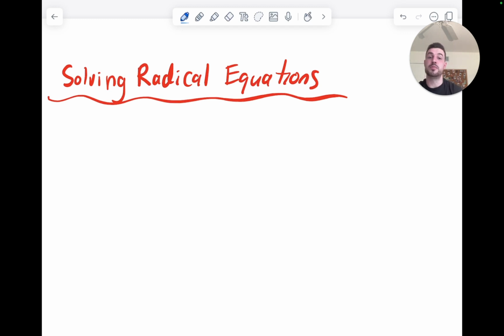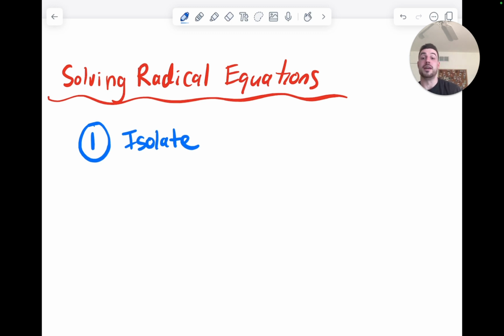So our steps in solving these problems are, first of all, we want to isolate our value. We want to isolate either our radical or the exponent. That means we want to move everything away from it and onto the other side of our equal sign in order to get that x value by itself.